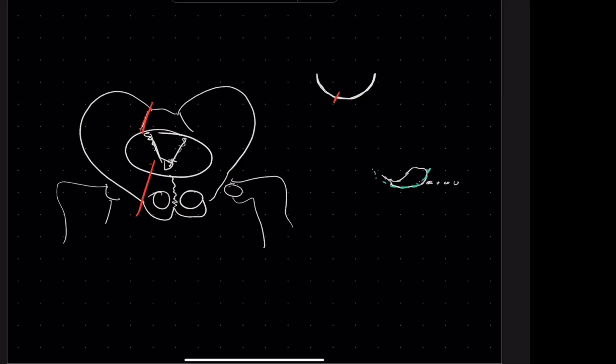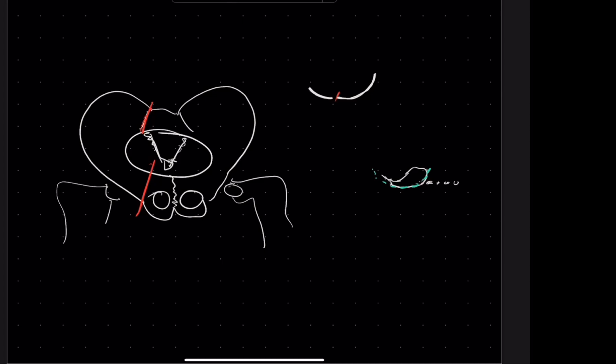And just due to the mechanics of gravity and our muscular system, this is going to get pulled downward. So we'll draw that. We have a fracture there, and now part of your pelvic crest is sitting down like this.